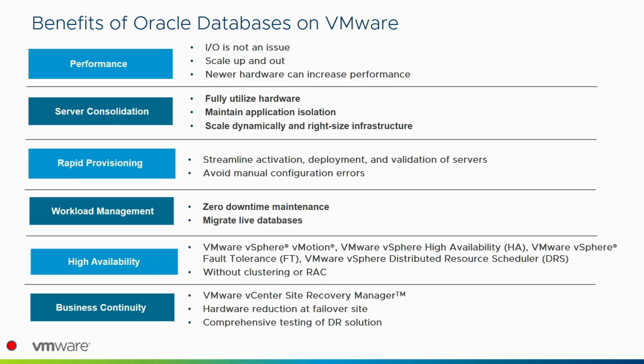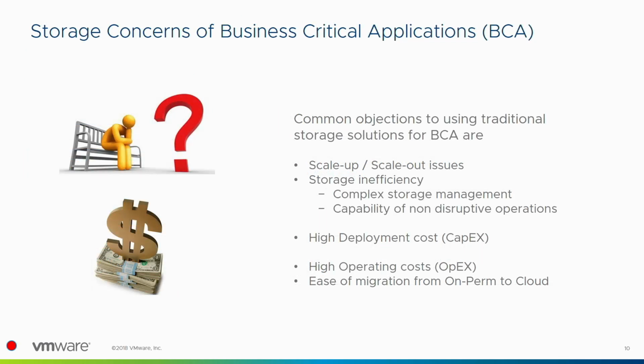Some of the benefits of running databases on VMware, I spoke about performance, consolidation, provisioning, workload management. You also have BCDR, HA. So let's talk about those. See, there are some storage concerns when you talk about BCA, right? Using traditional storage. Some of them are scaling up, scaling out of storage, right? There could be complex storage management, or even some inefficiencies like capability of non-disruptive operations.